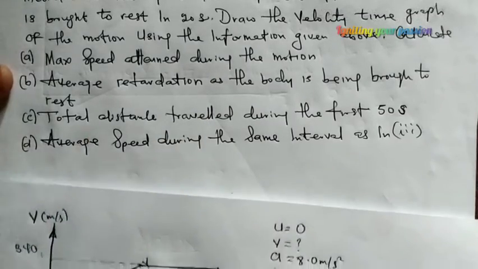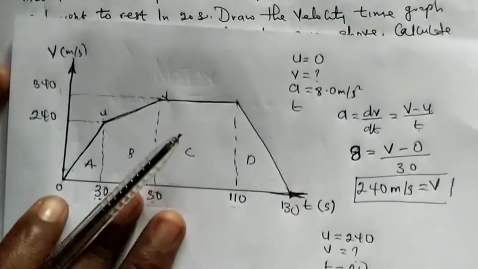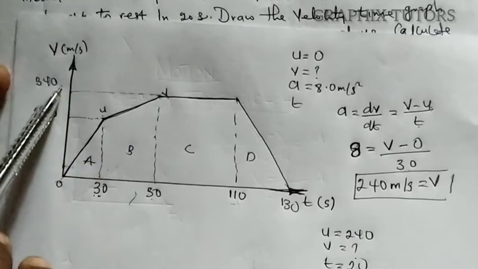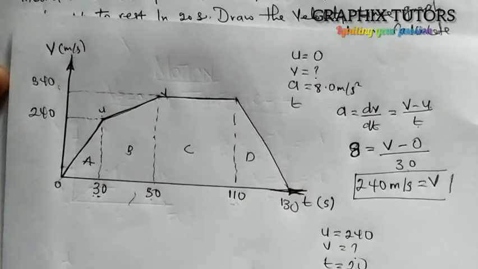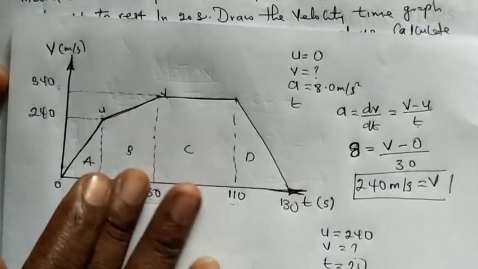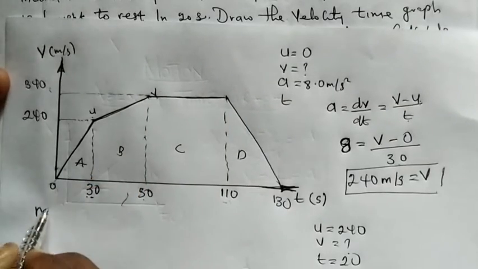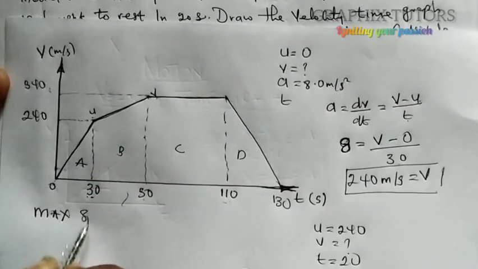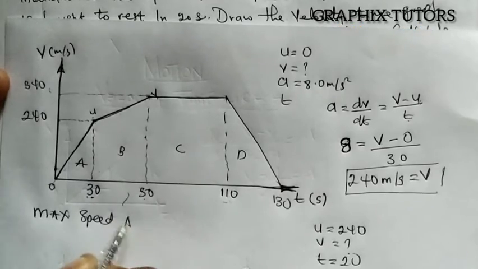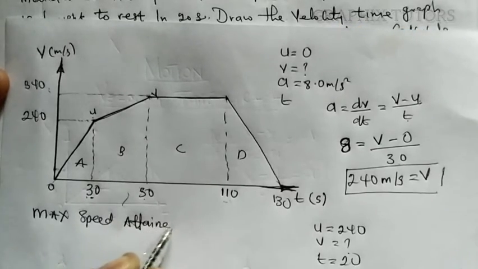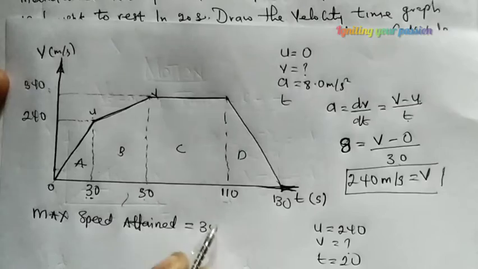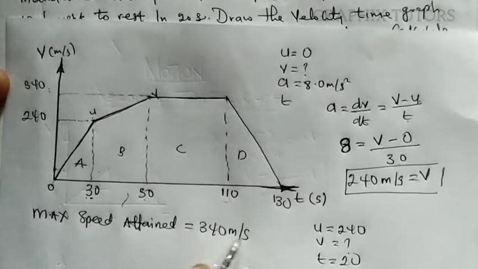We all know what the maximum speed is. The maximum speed attained during the motion is 340. That is the maximum speed. So you can just easily write that our maximum speed attained is equal to 340 meter per second.